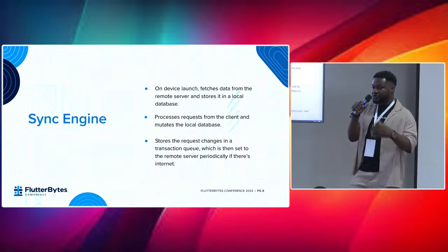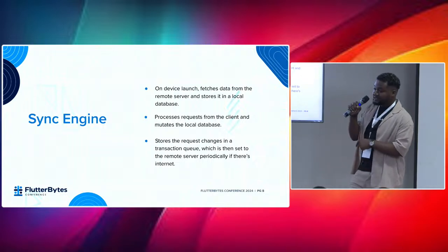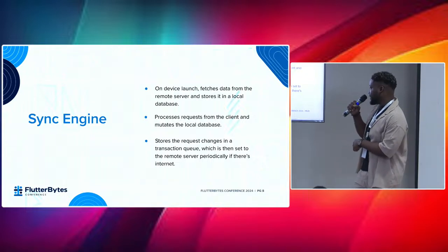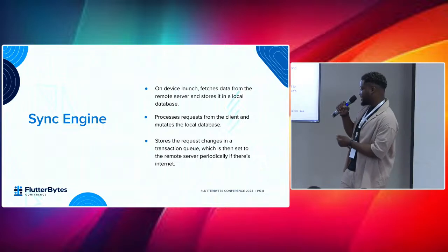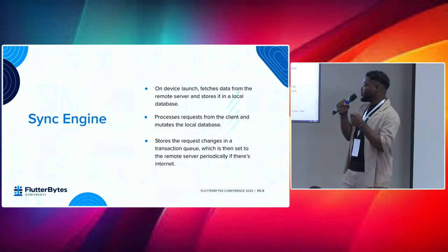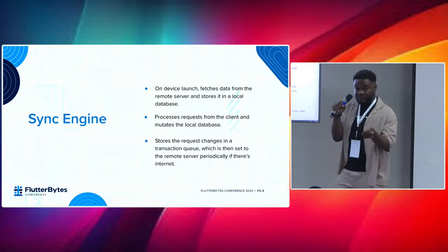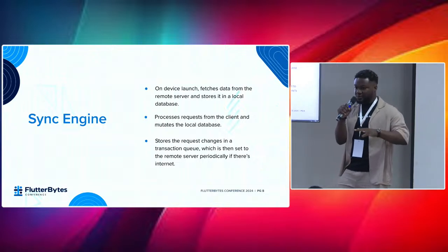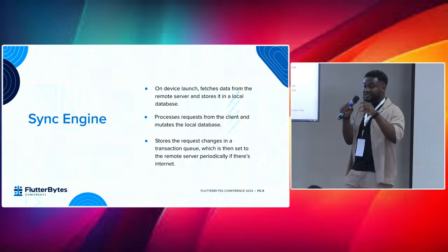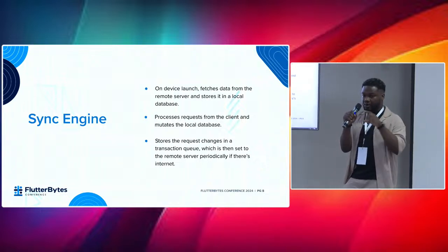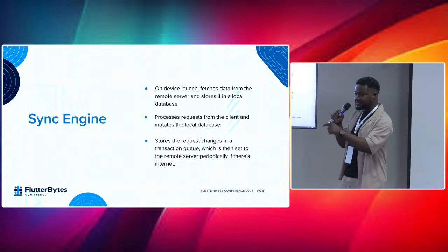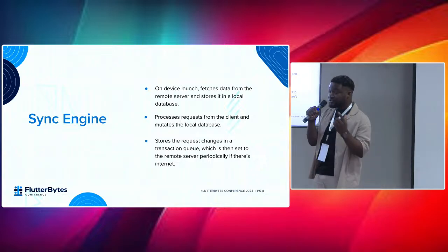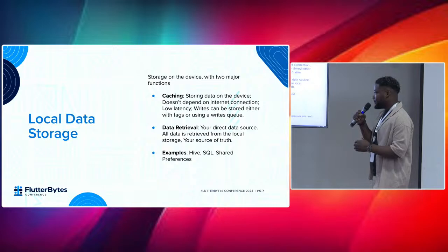Subsequent times, you get this data from the local database, and the sync engine is responsible for managing this whole thing. It stores the request in the form of a transaction in a transaction queue. So for example, if you like a post or you repost, it would still show you that it was successful. It won't tell you that you don't have internet. It creates a transaction for the like or the comment, and when you have internet, it syncs that change to the remote server. So basically that's what the sync engine does.